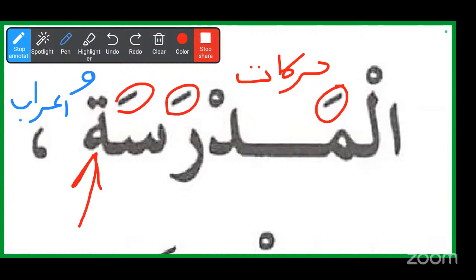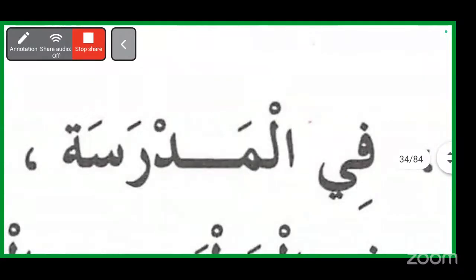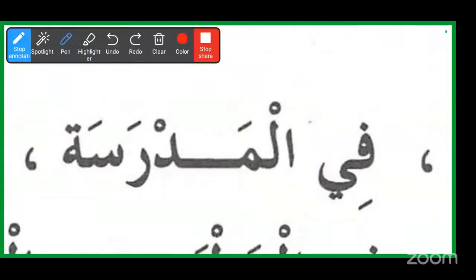Now, in this word, when we say fil madrasati, the ti at the end is because of the word fi. This is the i'rab.